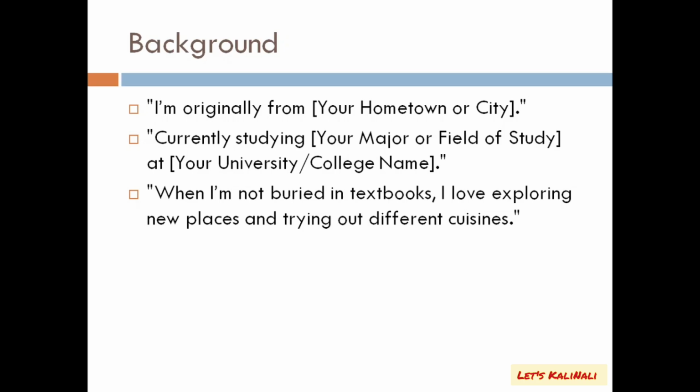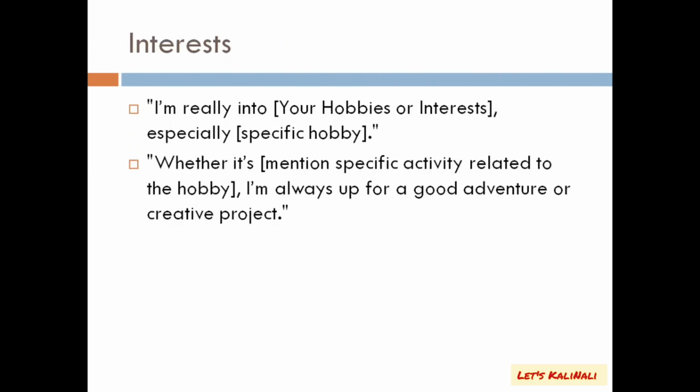I am originally from this hometown. Currently I am studying this in this college. When I am not buried in books, I love exploring new places and trying out different cuisines. So these kinds of sentences are not at all formal. They are friendly sentences.